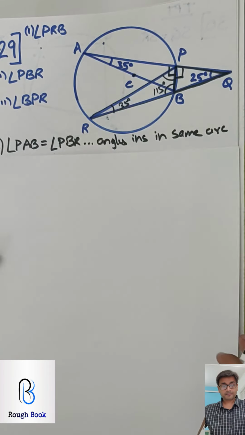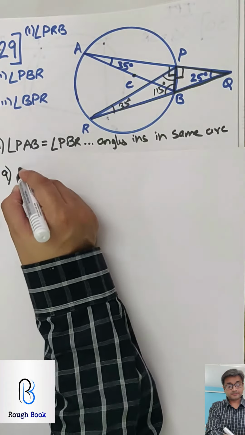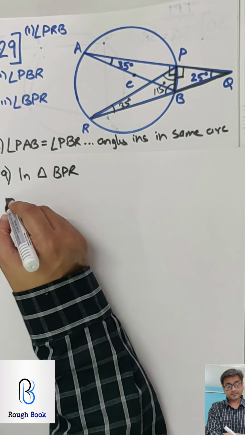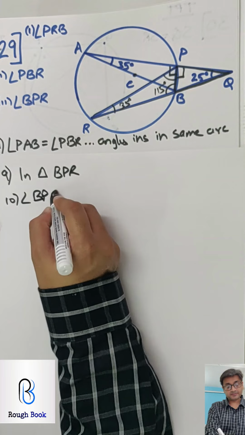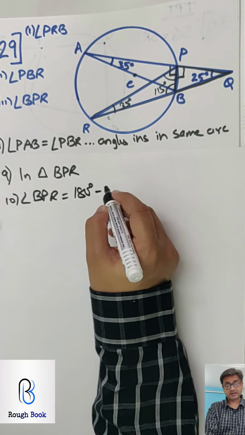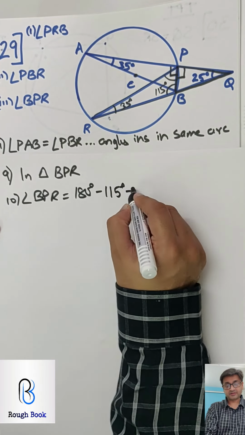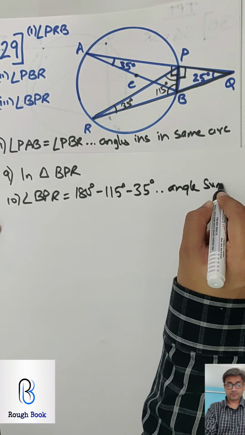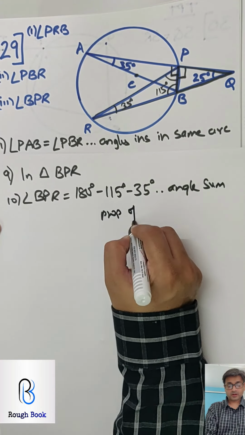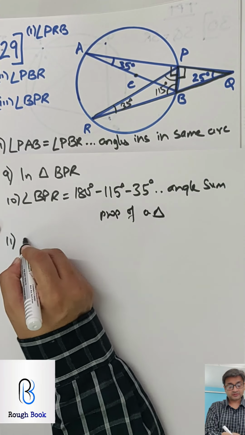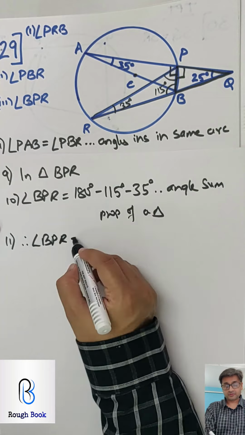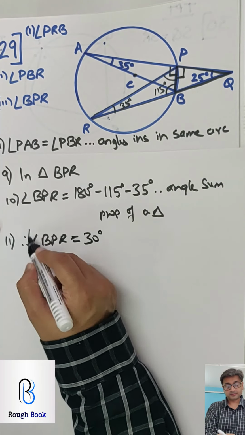I will say in triangle BPR, angle BPR equals 180 minus 115 minus 35. The reason, angle sum property of a triangle. So finally, therefore, angle BPR is 30.